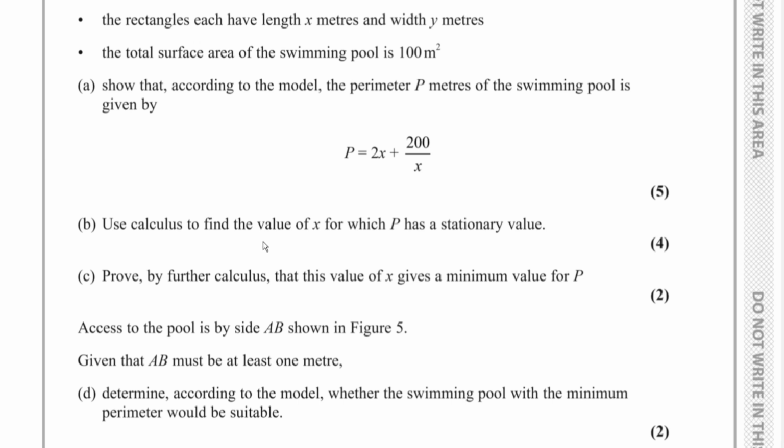Part B, use calculus to find the value of x for which p has a stationary value. So before we do anything else, because we are told to find the value of x for which p has a stationary value, we would have to differentiate p with respect to x. So dp over dx is equal to 2 plus negative 200x to the negative 2.